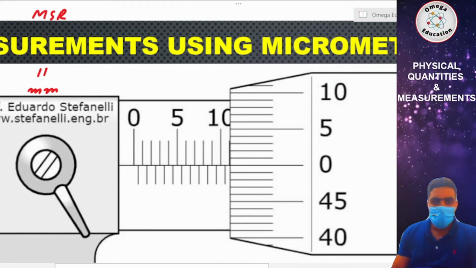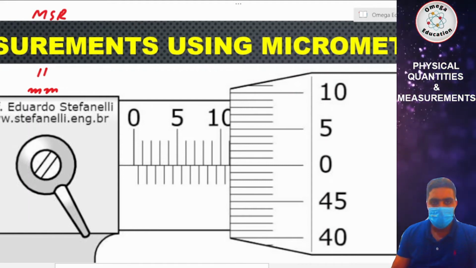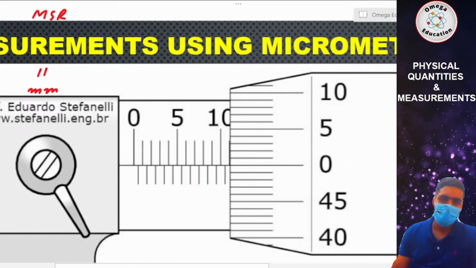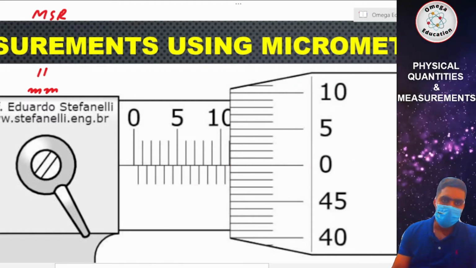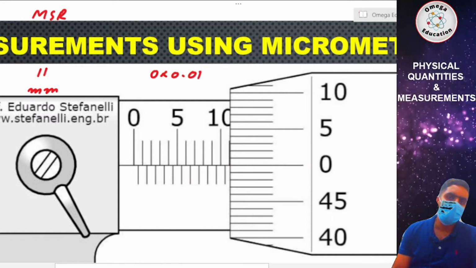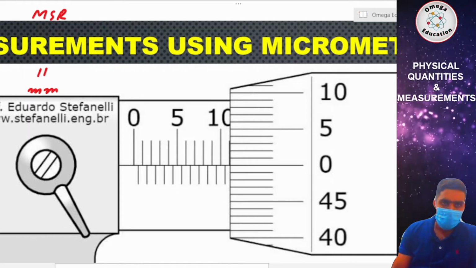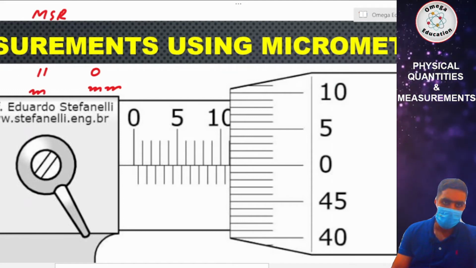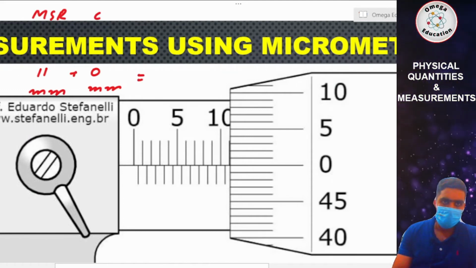Then we look for the line number of the circular scale that is aligned with the central line of the main scale, and it is straight away line number 0. So 0 multiplied by the least count is obviously 0 once again. So we write 0 millimeters plus 11 millimeters. This was the circular scale reading.